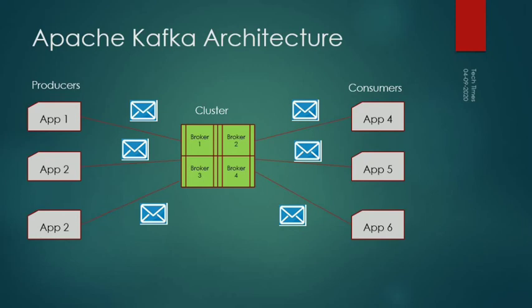Now we know what a cluster is. So how does this cluster work? A cluster is a group of different brokers. How do these different brokers work together to achieve a single task? This concept is called a distributed system. A distributed system is a collection of resources working together to achieve the same goal. They consist of multiple worker nodes, which in our case we call brokers.